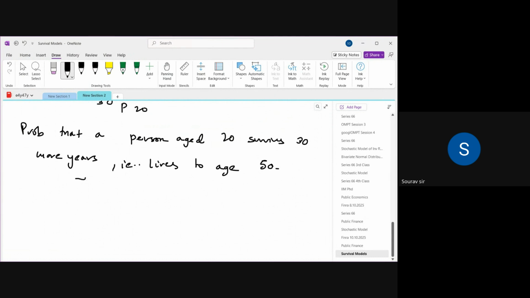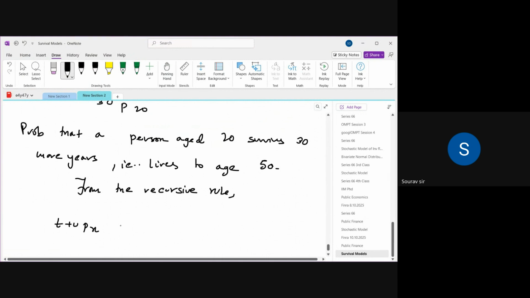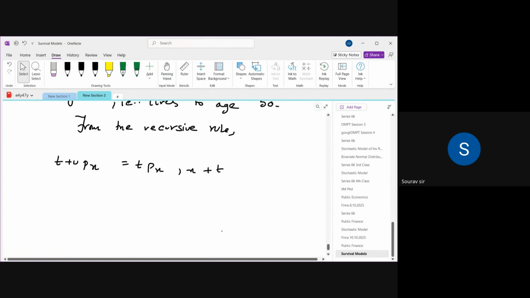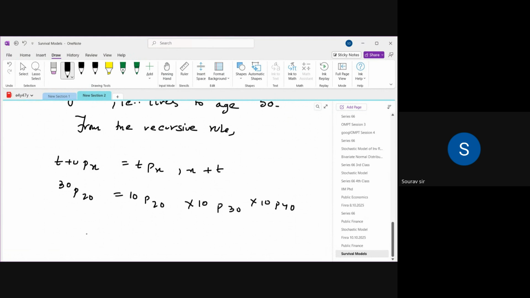So from the recursive rule, t plus u px is tpx times upx plus t. So 30p20 is equal to 10p20 multiplied by 10p30 multiplied by 10p40. Okay. So here 20 means survive 20 to 30, correct. 30 means 30 to 40.